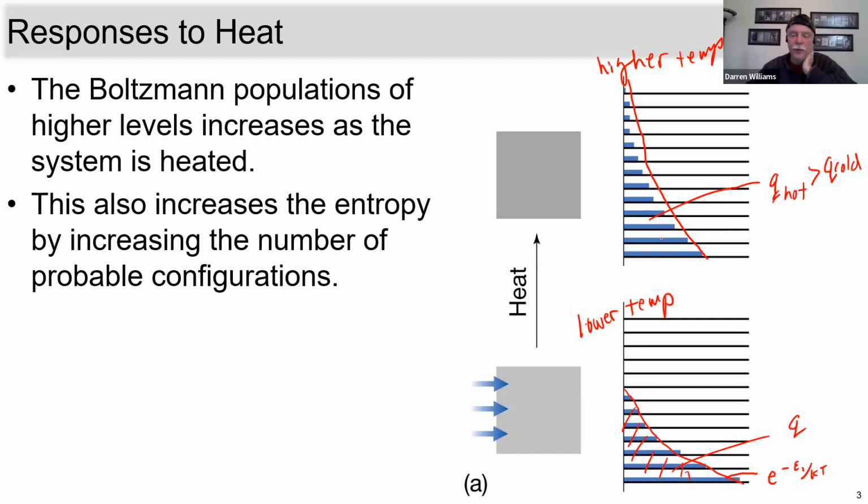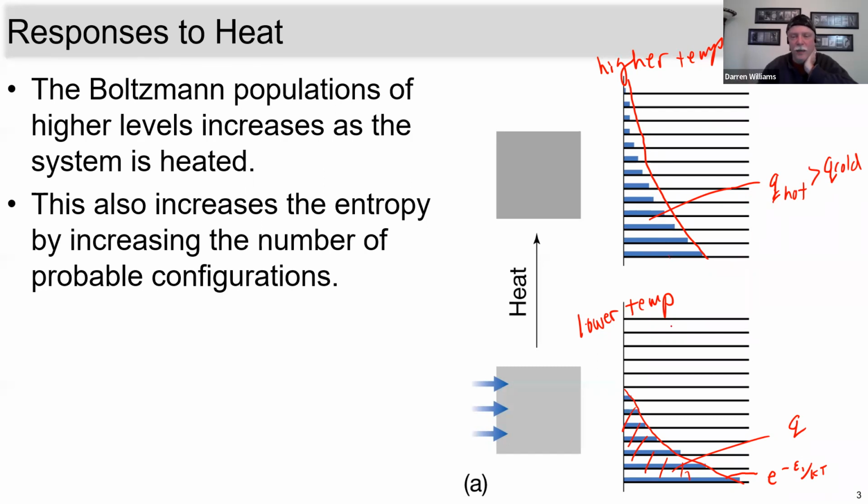We've increased the entropy because we've increased the temperature, and there are more molecules, ions, or particles in the higher quantum states. This is the response of the system to heat.